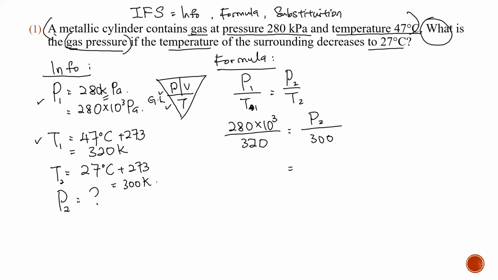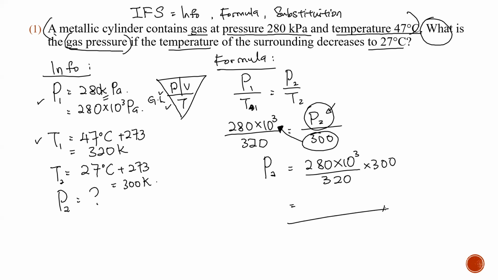So now what should we do? P2 is unknown, so we cross multiply by 300. P2, I put on the left hand side. P2 equals 280 times 10 to the power of 3 divided by 320 times 300. So for the answer, please press your calculator.